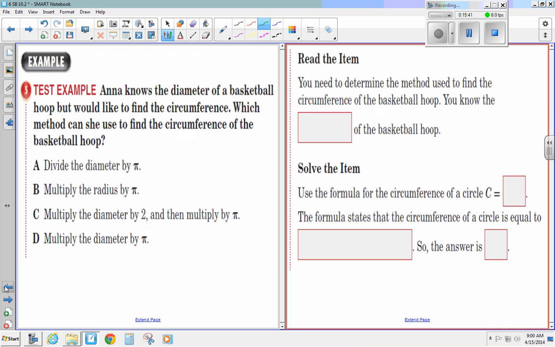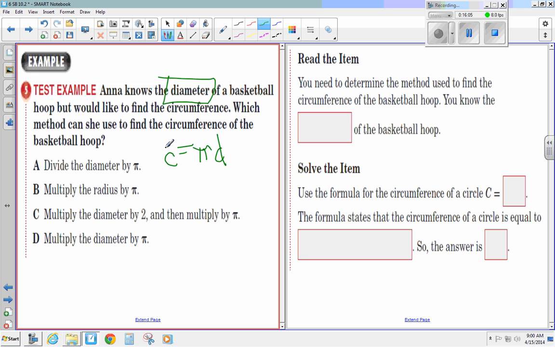All right. Anna knows the diameter of a basketball hoop, but would like to find the circumference. Which method can she use to find the circumference of the basketball hoop? Well, we have to think. Circumference is equal to, what do we know? Diameter. So pi d. So here's the formula.